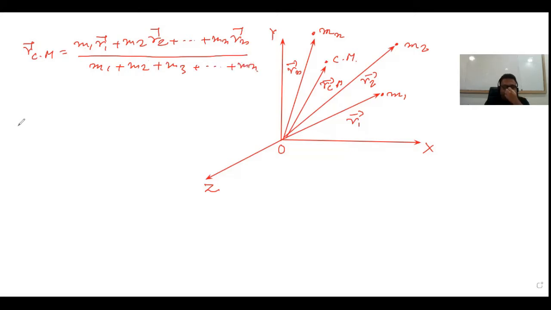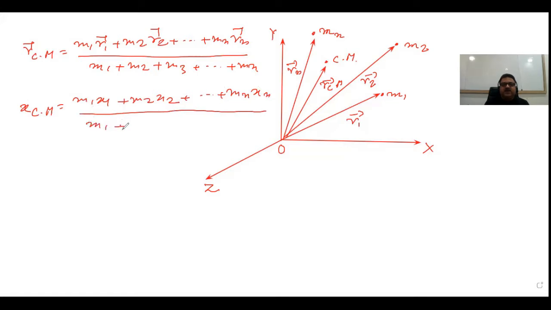Now remember one important thing. If we need to find the x-coordinate of the center of mass, we have to use this formula: xcm = (m1x1 + m2x2 + ... + mnxn) divided by the sum of the masses m1 + m2 + ... + mn.